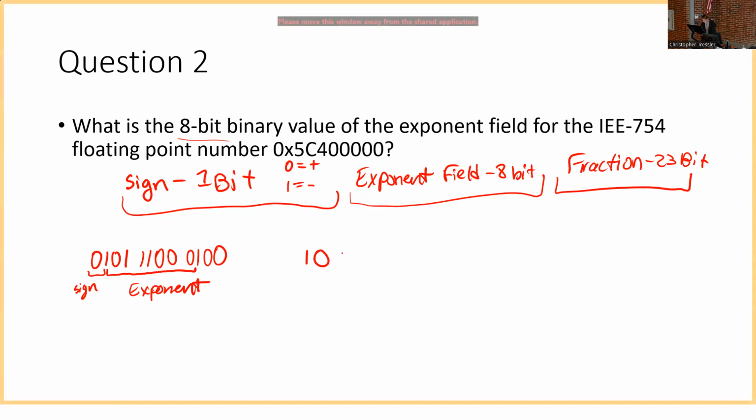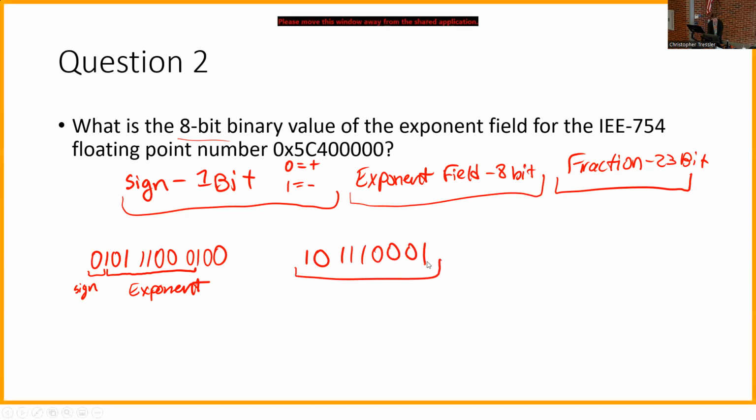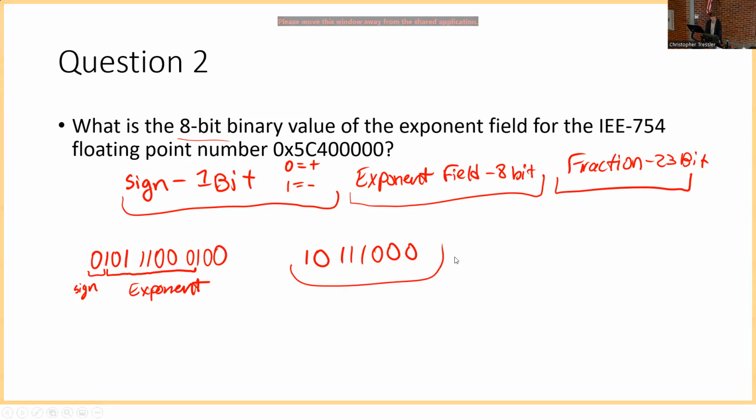It's going to be 1, 0, 1, 1, 1, 0, 0, 0, 1. Let me check that. So we have 1, 0, 1, 1, 1, 0, 0, 0. Wait, hold up, I have 9 bits. I was sitting here like, wait, that's 9. There we go. That is it. Nice. So there's that.